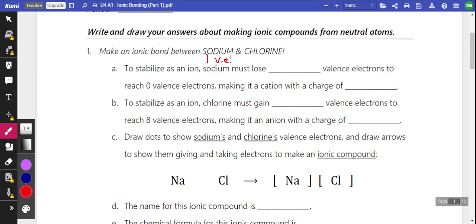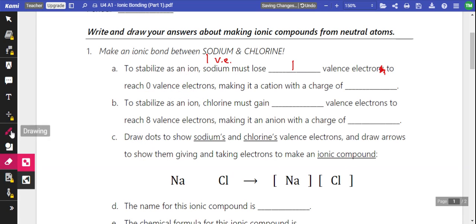So it would be a lot easier to lose that 1 valence electron, if you want to be grammatically correct, rather than trying to gain 7 valence electrons. Now, I say it reaches 0 valence electrons, but don't forget that does still abide by the octet rule, since 0 valence electrons means we go back to the previous energy level, which should be full with the previous noble gas's electron configuration.